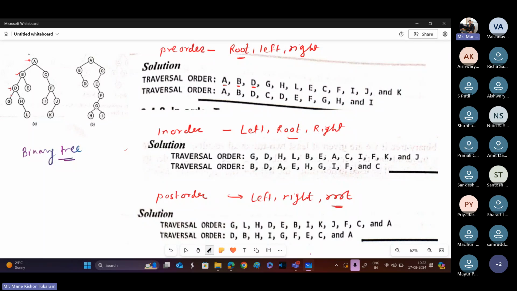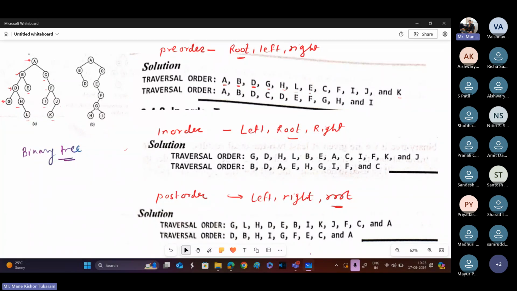Then after that, left of D is G. So I just write G. And after that, I have to write the right node. So H and L. And after that, right node of B. So E. Again, the right node of C. Then F, I, J, and K. So in this way, it will first process the root node, then left.